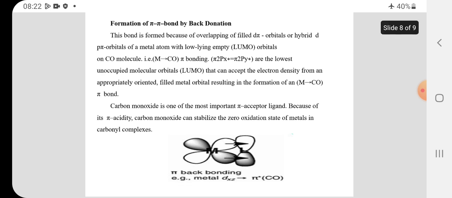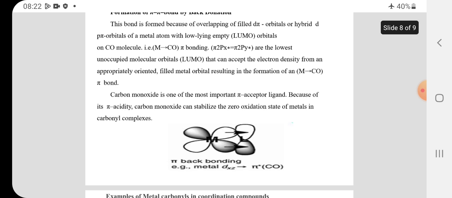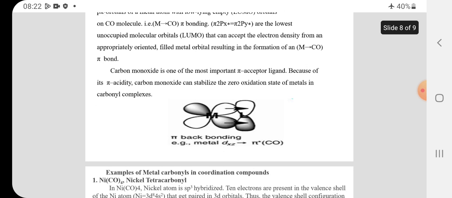This bond is formed because of the overlapping of the d-pi orbital or hybridized p orbital of the metal atom with the low-lying empty orbital, the LUMO, the lowest unoccupied molecular orbital on the carbonyl. The pi antibonding orbitals, px and py, are the LUMO that can accept the electron density from an appropriately oriented filled orbital on the metal, resulting in the formation of the metal carbonyl pi bond.